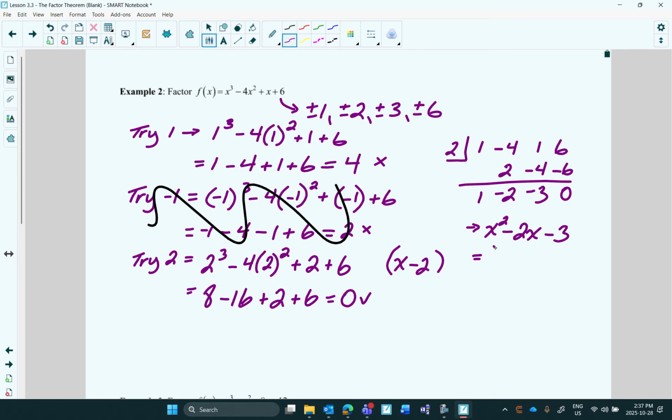Which can now be factored. So there's my 3 factors: x minus 2, x minus 3, x plus 1. Write your final answer. Okay, don't just stop there. You have to write the factored form. That's your final answer.